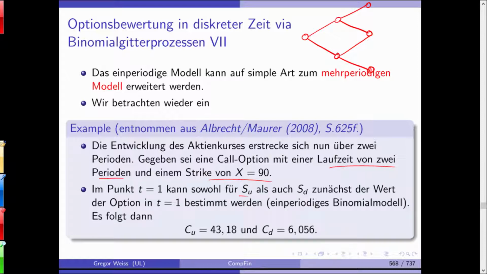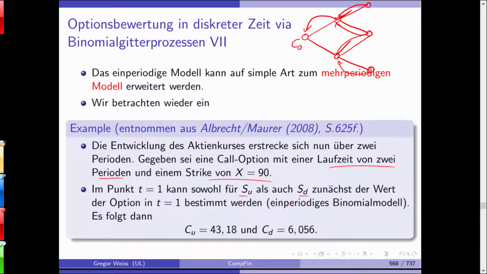It can go up and it can go down again. We calculate the price of the option simply by looking at this payment and this payment. Then we get this point, and we do the same here, and then we get the payout here, and we do it yet another time to get C0, the price of the call option.